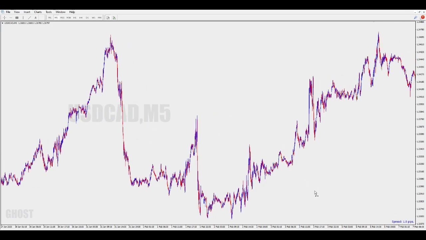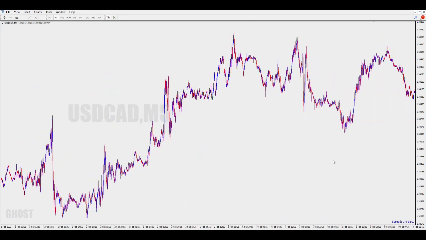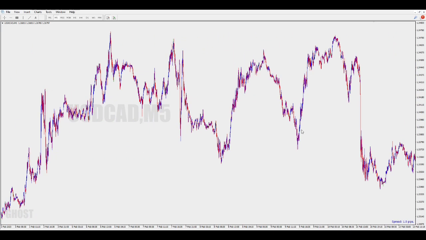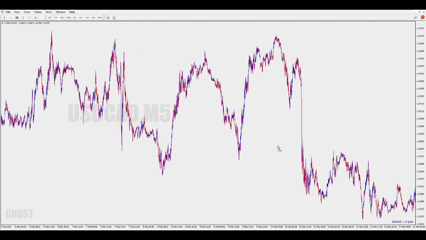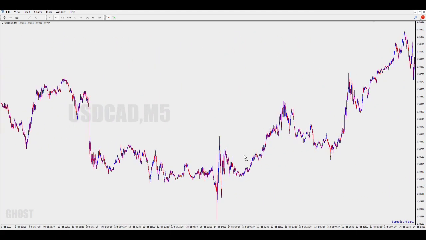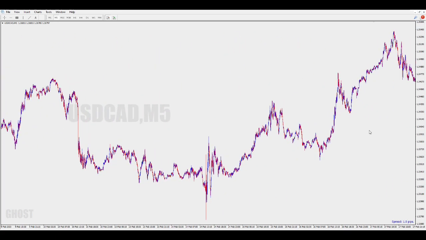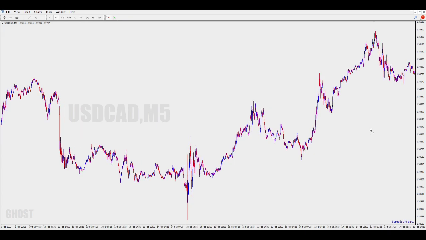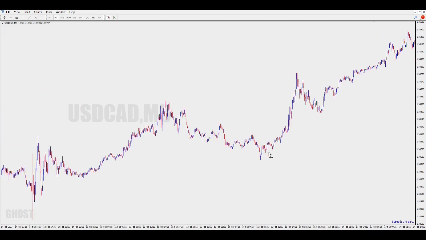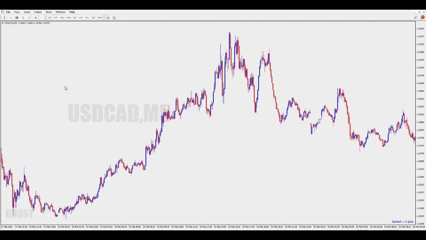In that case, let's see if there are any good examples of this. Okay, so here is a good example, in my opinion. We have a high, a higher high, a lower low, a low, and a lower low, right?